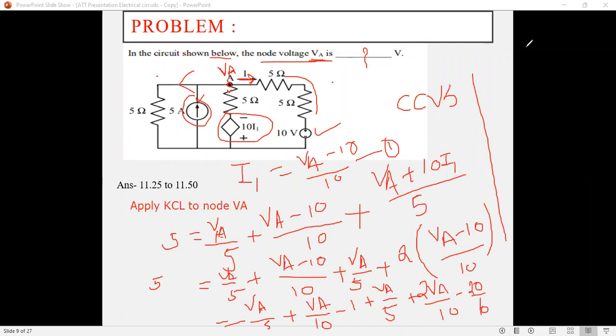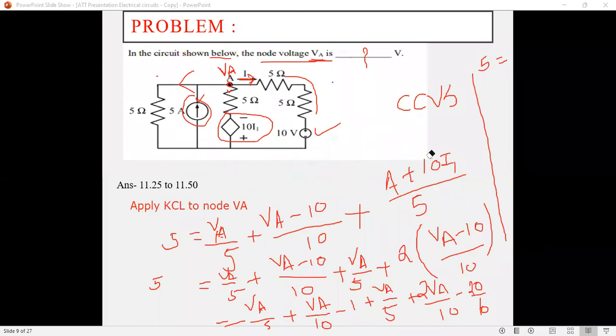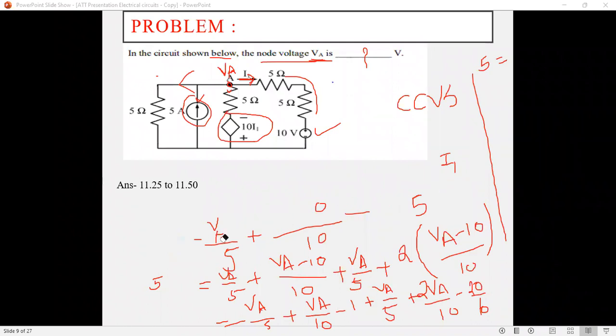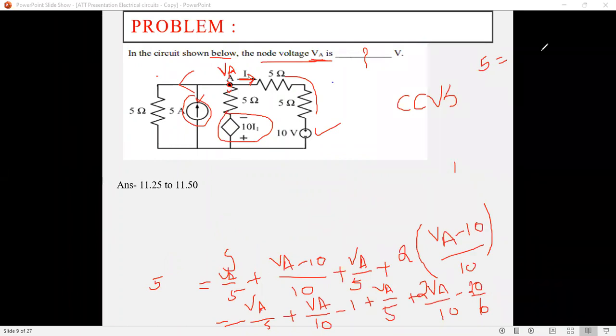So it becomes, on the left hand side 5, it is equal to, see, on LHS side that is 5, what is the remaining?